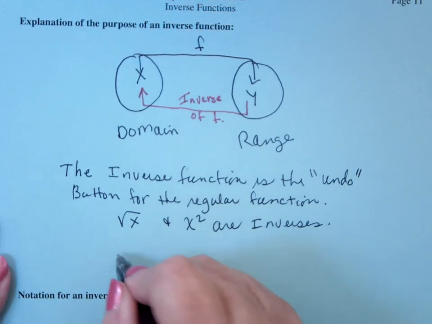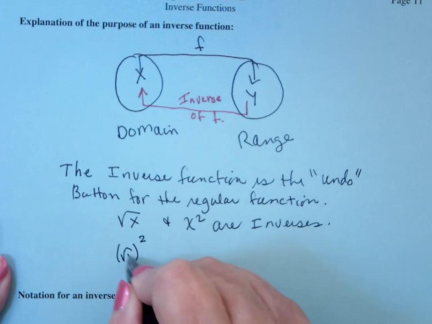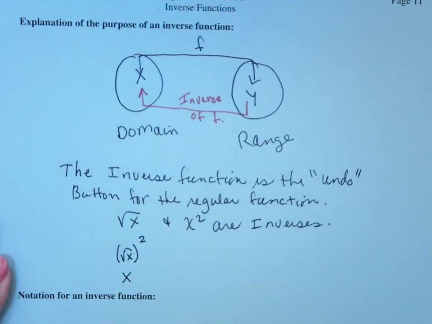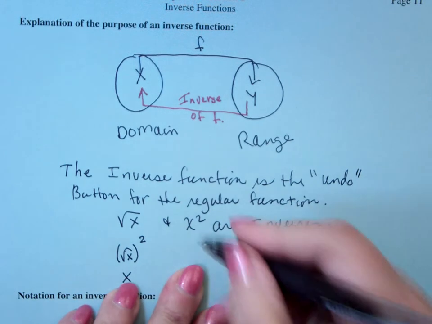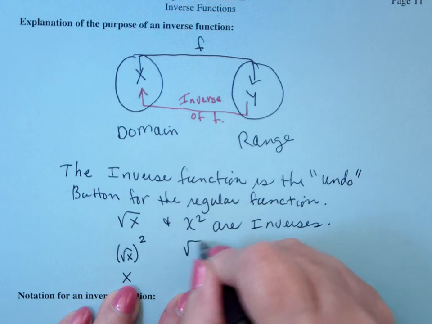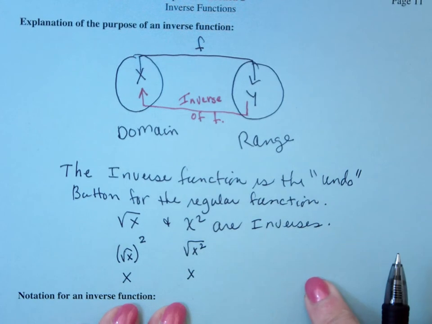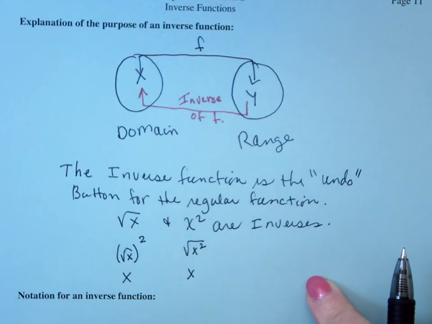Square both sides. So I get rid of a square root by squaring. And how do I get rid of a square? You square root it. It's the undo button. It allows us to solve equations. It undoes what was done.